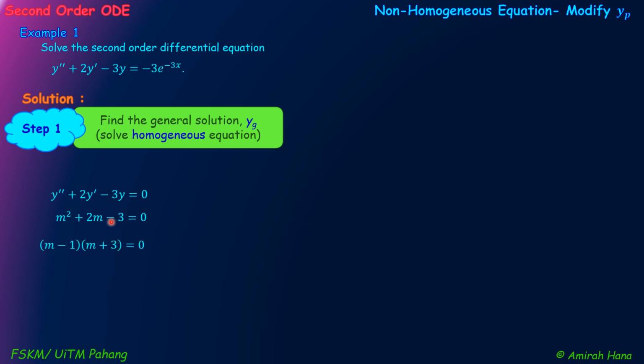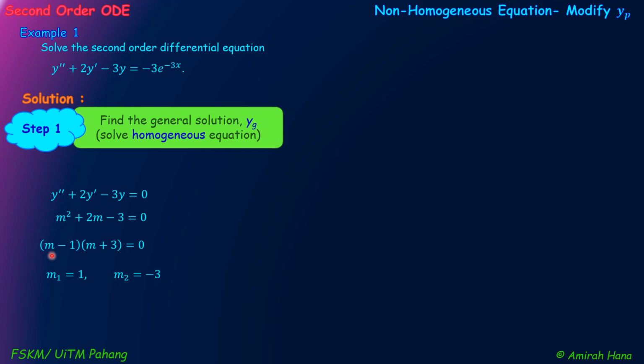Right, after that, we need to solve the quadratic equation. So we can factorize this quadratic equation. So we got m minus 1 times m plus 3 equals to 0. Then we have two values of m.